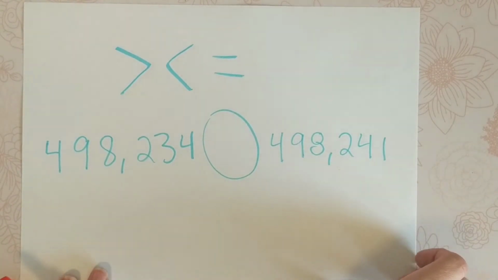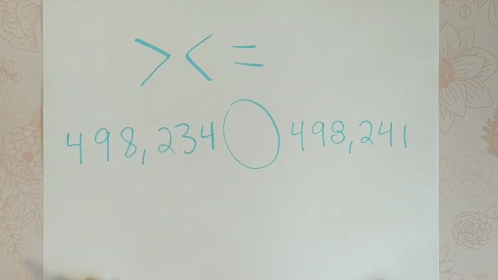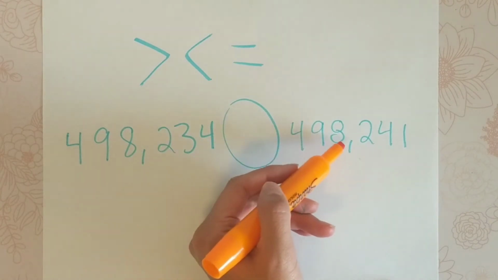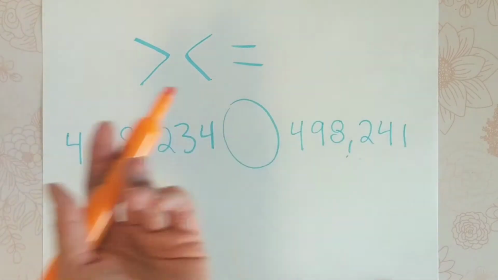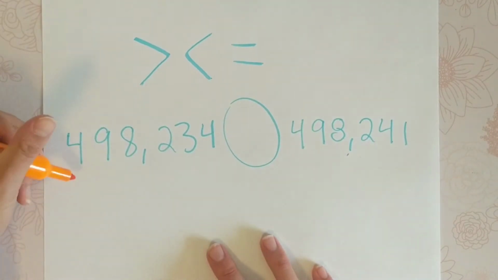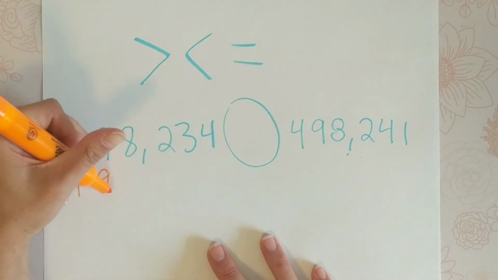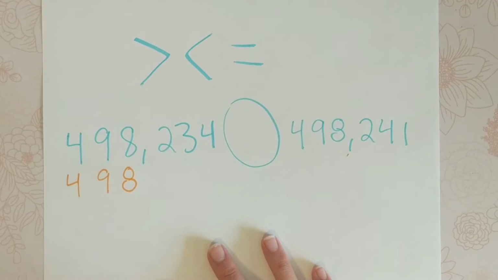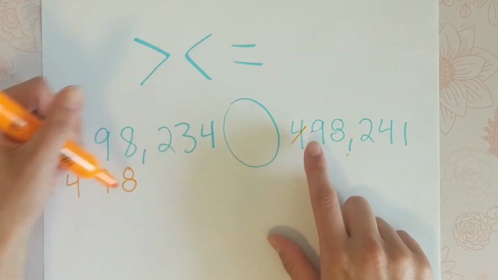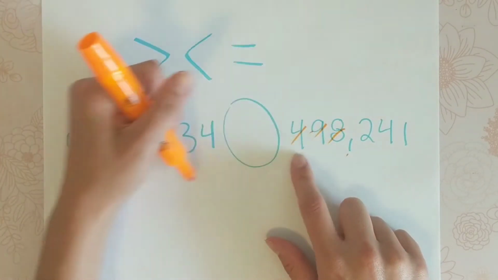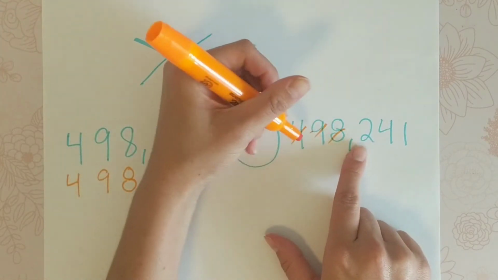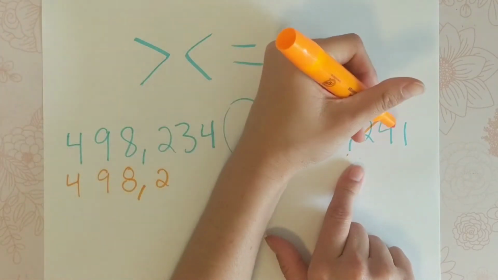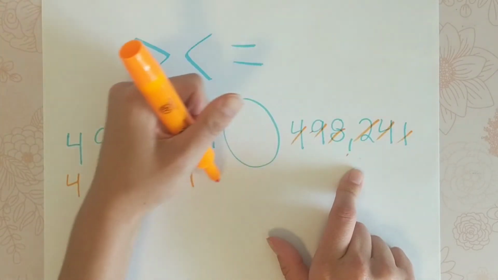So I'm going to write this number under there, okay? 498,241. And you need to be very, very precise because these will really try to trick you.